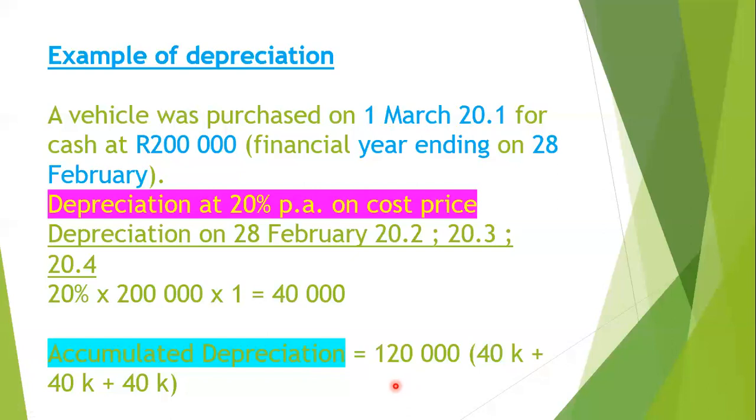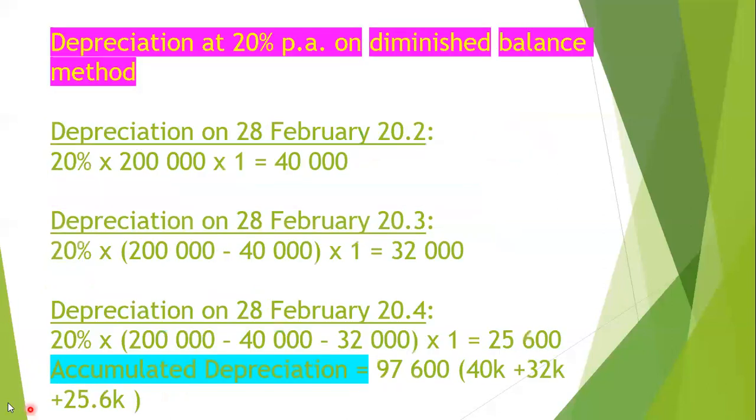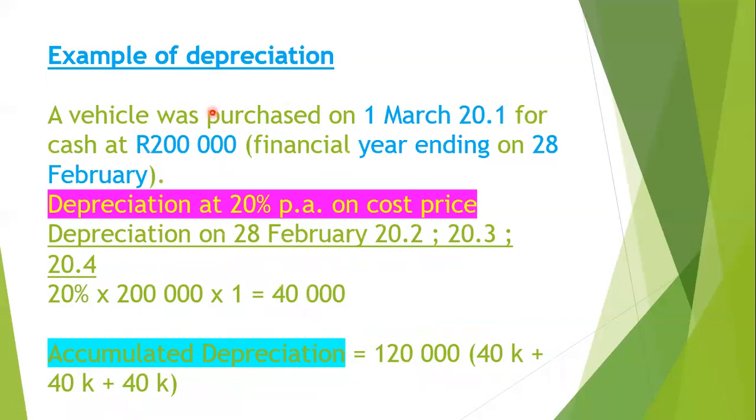So this was the straight line method. Now we're going to go into the diminishing balance method. Okay. So it's still the same car that we're dealing with as in the slide here. The vehicle was purchased on 1st March 20.1 for cash at 200,000 Rand, the financial year ending on 28th February.